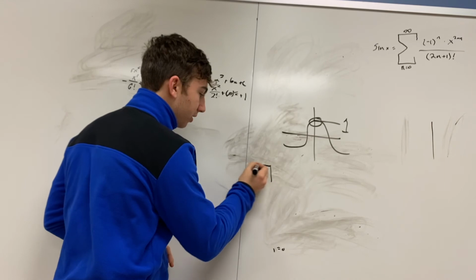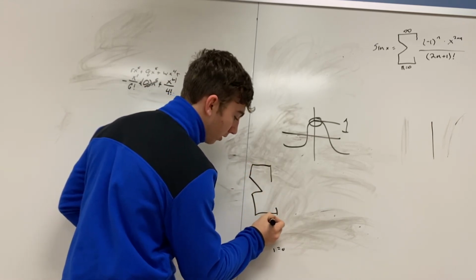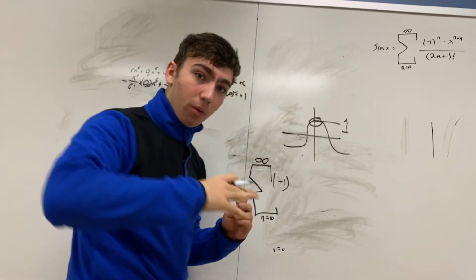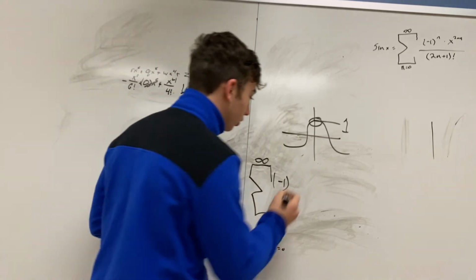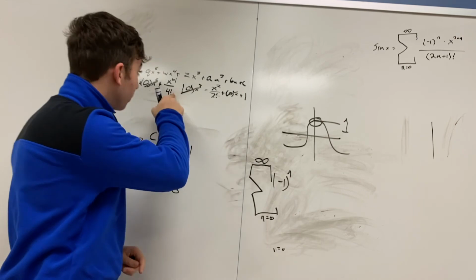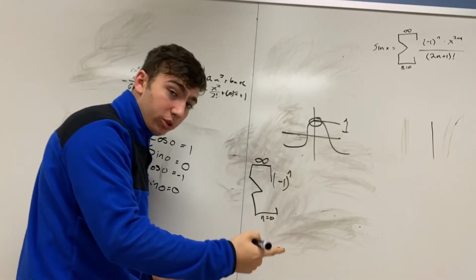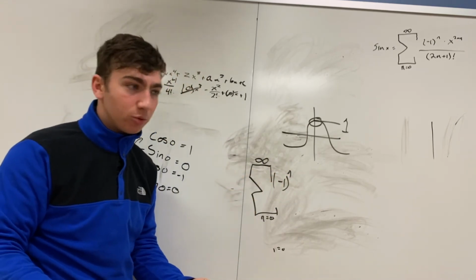So we're going to have the sum, again, from n equals 0 to infinity, of negative 1, because we're going to have that harmonic oscillation. And we start off with positive, so it's the exact same as sine: positive, negative. Negative 1 to the power of 0 is positive, negative 1 to the power of 1 is negative, minus 1.